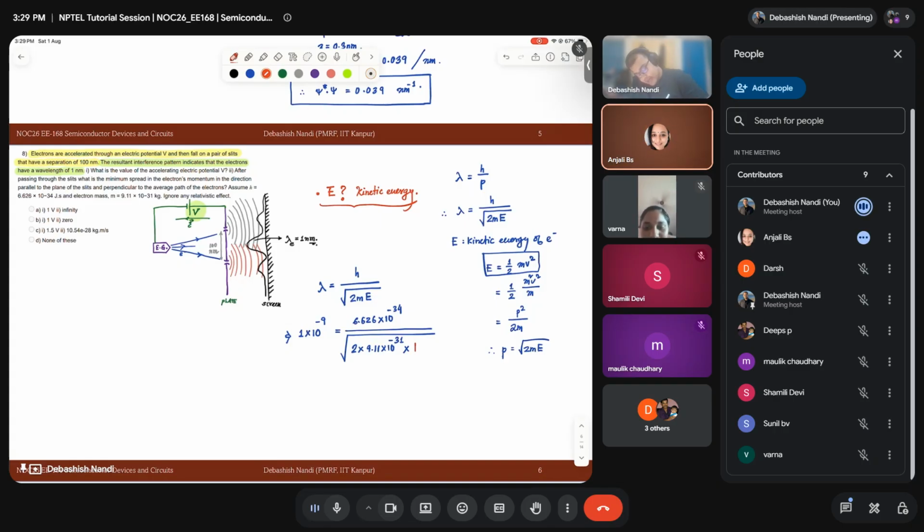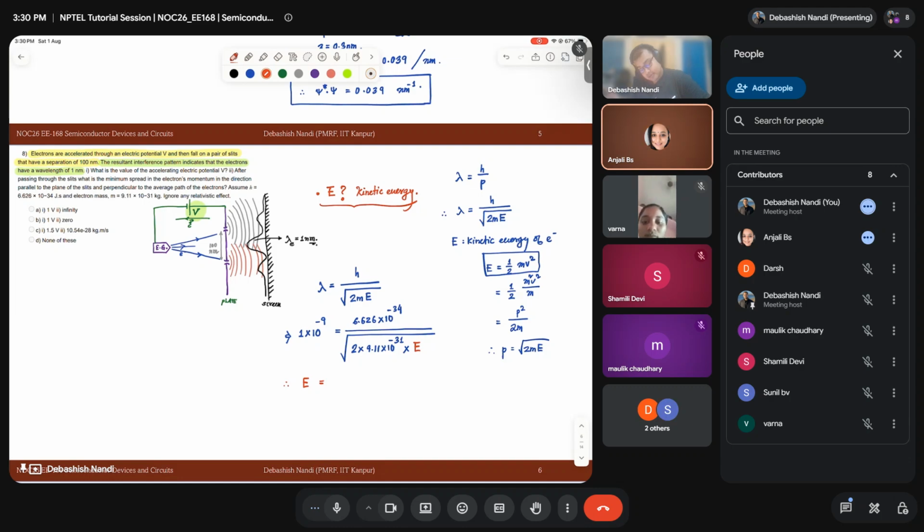So let's find out E. E will be h square by 2m lambda square.